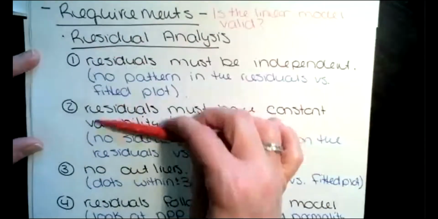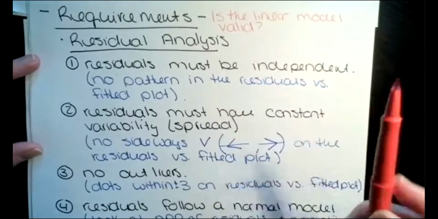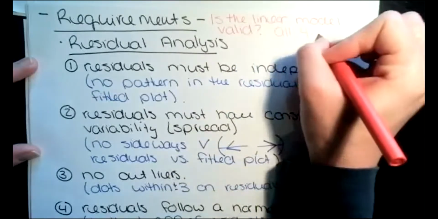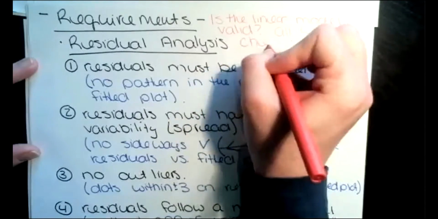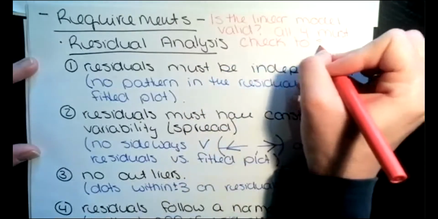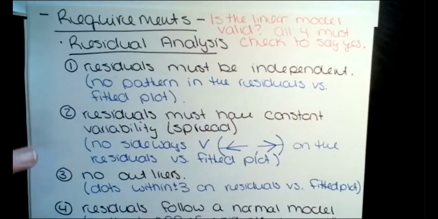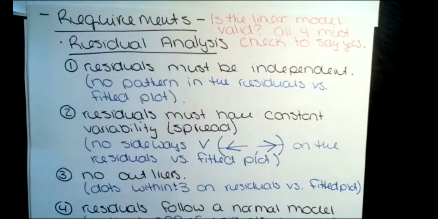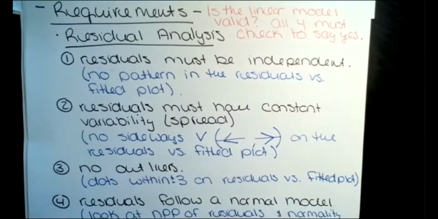So if something doesn't check out here, then I'm going to say my linear model is not valid. So all 4 must check to say yes. Okay, so all you need is one of these to fail for you to say a linear model is not valid. It's not just saying that a model is not valid, it's saying a linear model, since that's what we're studying. Okay, those are my requirements.